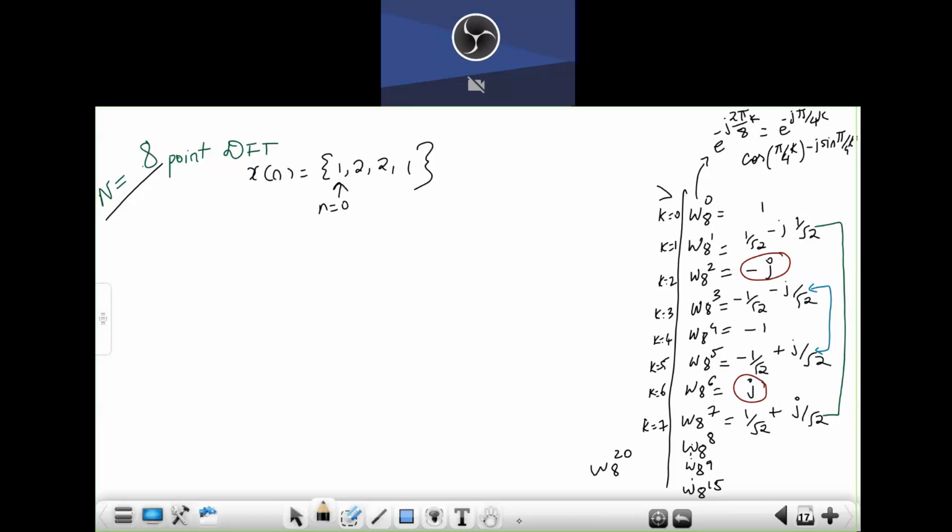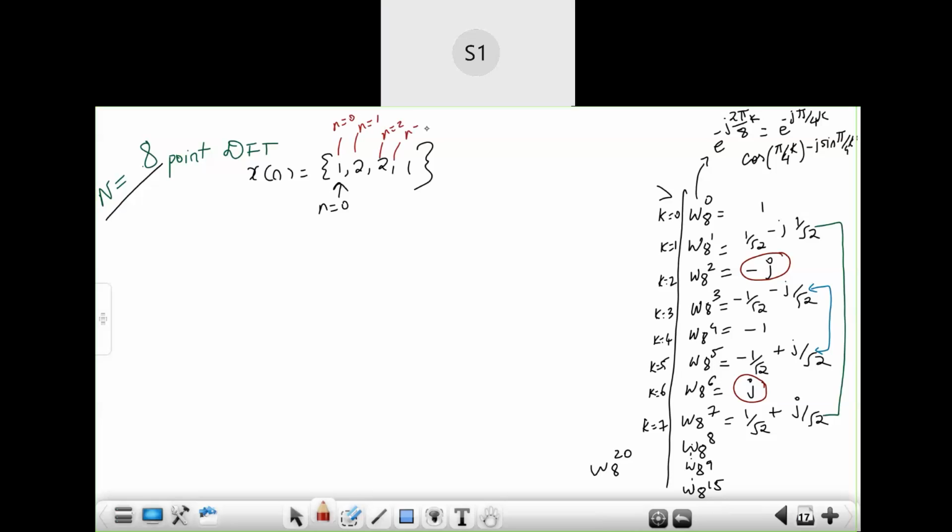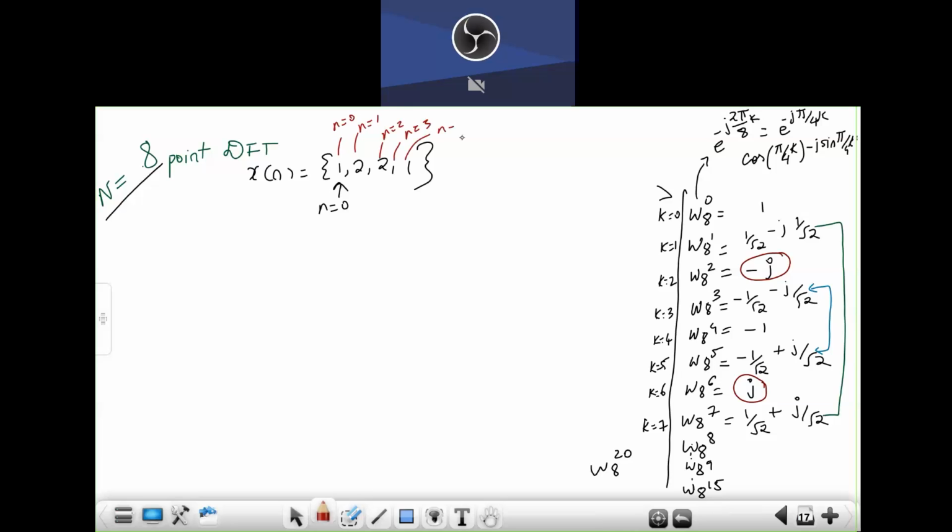So in this particular problem, it is an 8-point DFT, but the number of samples that you have is only 4: for n equal to 0, 1, 2, and 3. For an 8-point DFT, you will vary your summation from small n equal to 0 to N minus 1.